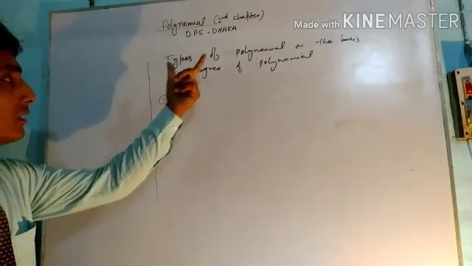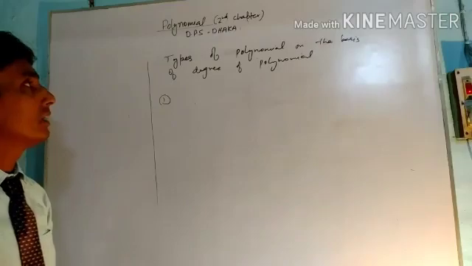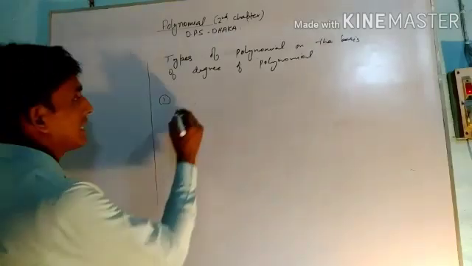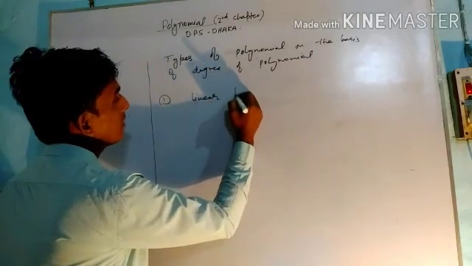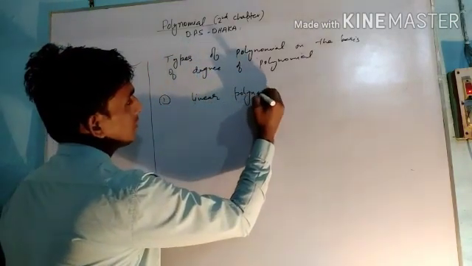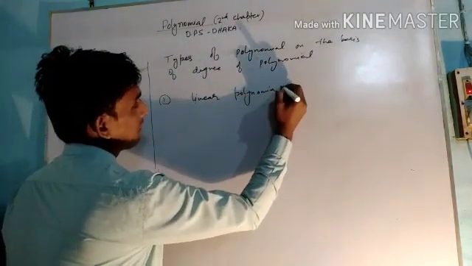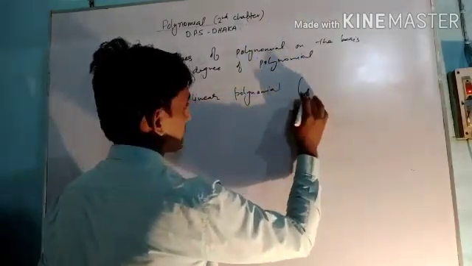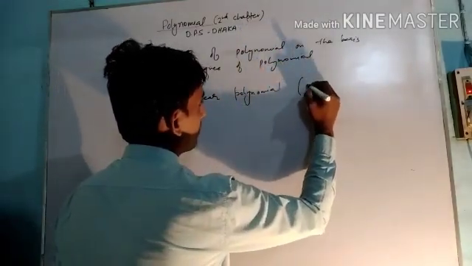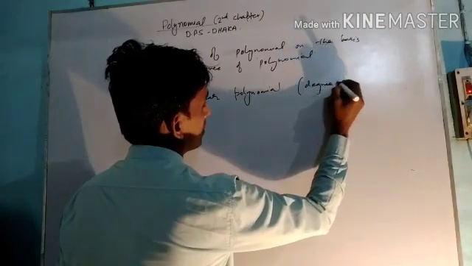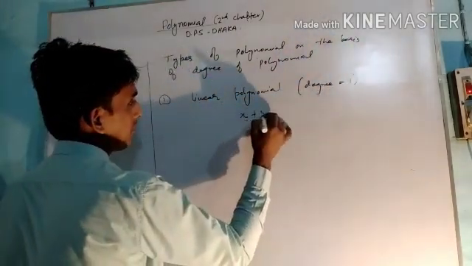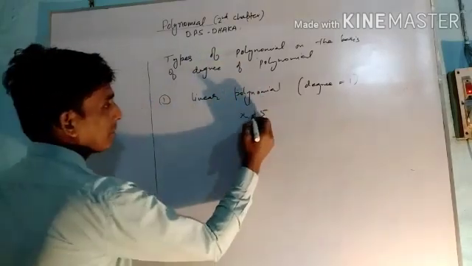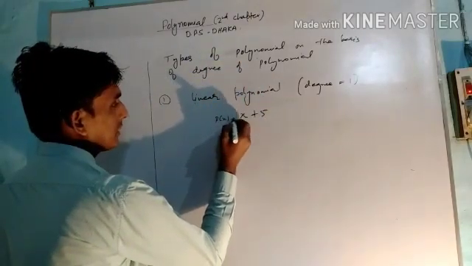But now on the basis of degree, the polynomial can be categorized as linear polynomial. What do you mean by linear polynomial? Linear polynomial means the degree of polynomial is 1. Example, p(x) is equal to x plus 5.